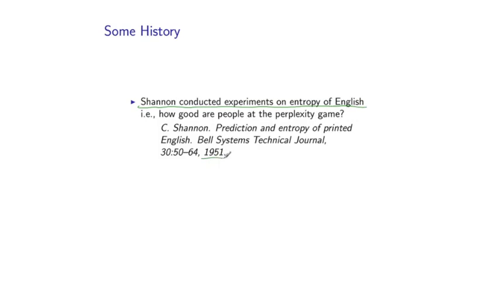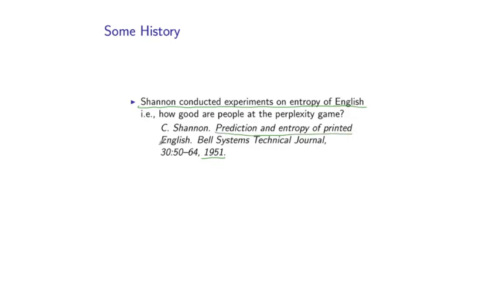Claude Shannon was really a huge figure in information theory, a huge early figure in information theory. And he actually did experiments where he looked at basically bigram, trigram language models and so on, building, as we did, from Markov processes as a starting point. And it's a very interesting paper.